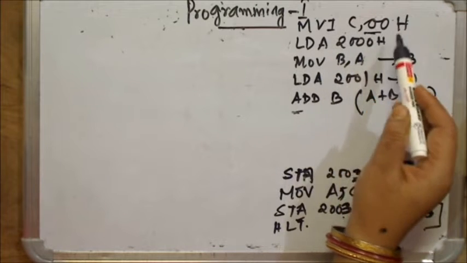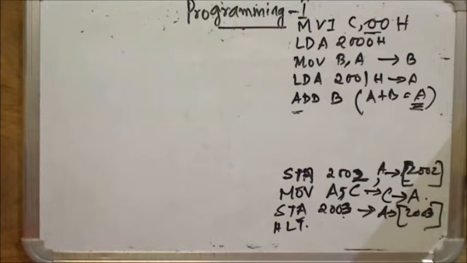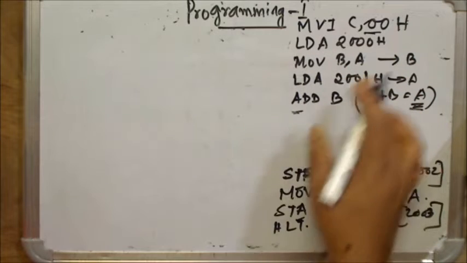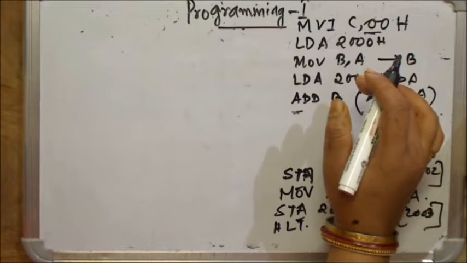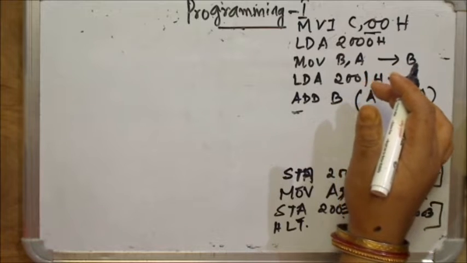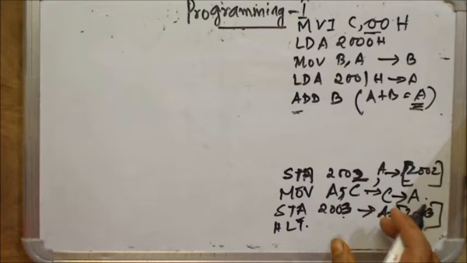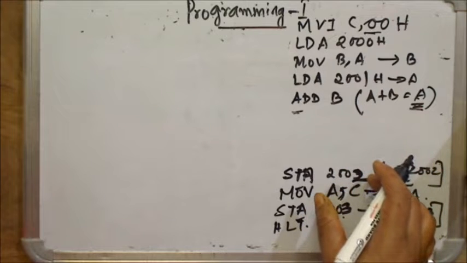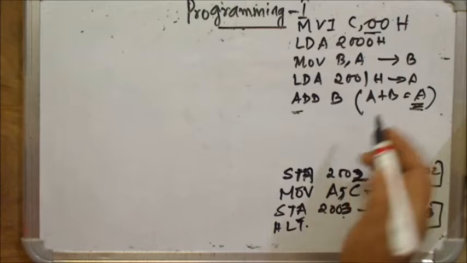So first you initialize carry with 00H in the starting of the program. What does it mean? After addition, if there is no carry, my program is already working in this manner. That is, I have to do nothing.